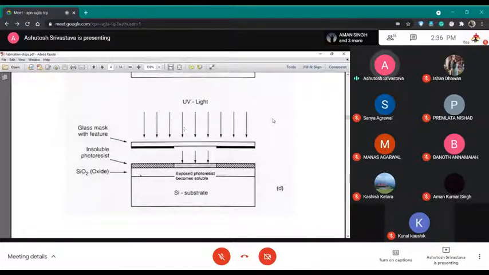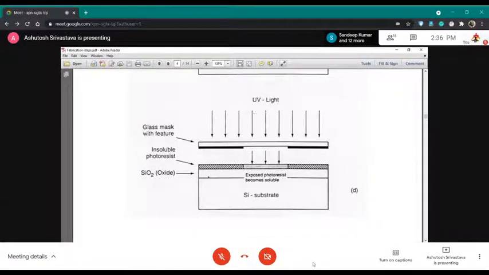Because of this ultraviolet light, to the exposed region, the photoresist becomes soluble, and due to this mask, this region which is not exposed to the ultraviolet light is the insoluble part.